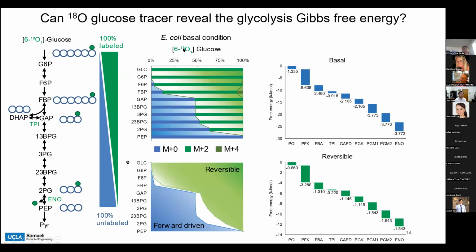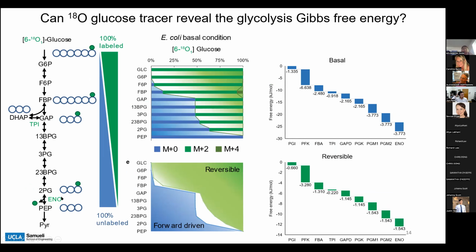To further delve into how we can observe the Gibbs free energy of whole glycolysis, we simulated the labeling pattern of glycolytic metabolites here. So we can see that the labeling pattern decreases gradually along the reaction direction.